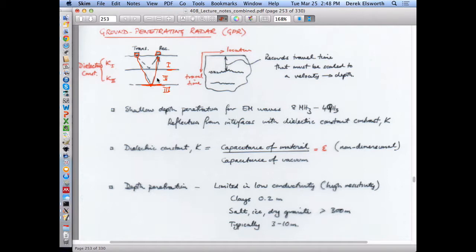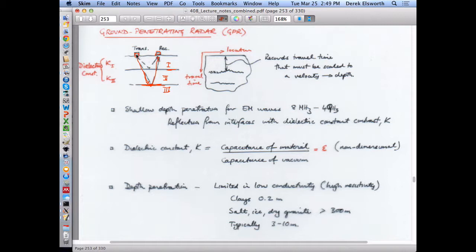And if you want to pick up a plume, then the plume has to give a different dielectric constant to the rocks with the contaminated water in them versus not, because that allows you to get a reflection. But the actual measurement is the time of flight for the transmitted wave to go down to the interface and bounce back up to the surface.